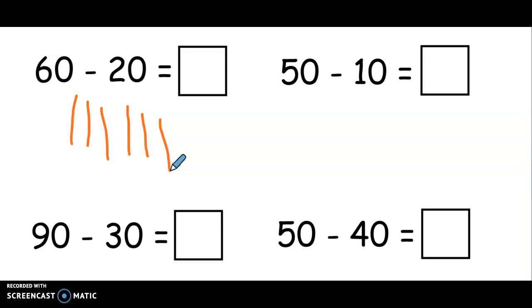Now, we need to make sure we keep this nice and neat so that we can understand what we're doing. We have to take away 20, which we know is 2 10s. I'm going to use a different color to show you. We're taking away 2 10s. These ones don't count anymore. Okay, so now let's count to find our answer. 10, 20, 30, 40. Okay, I'll have you try a few of those on your own with that scratch piece of paper.